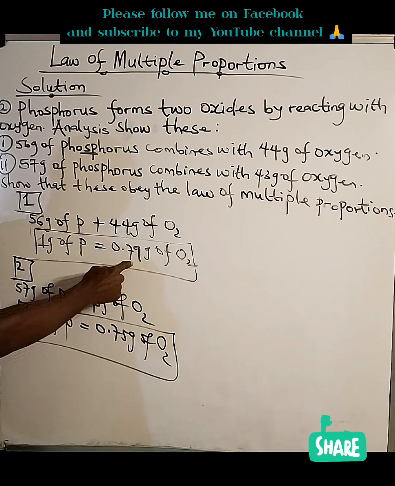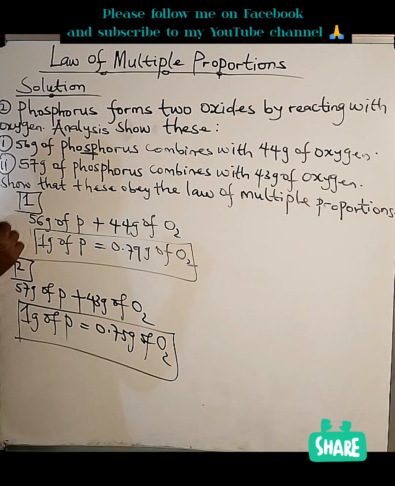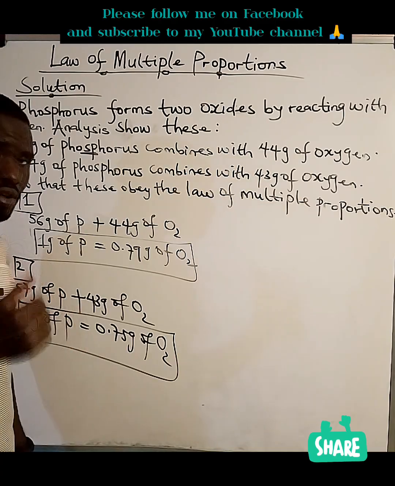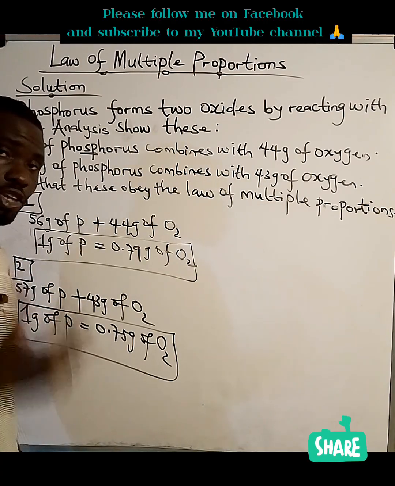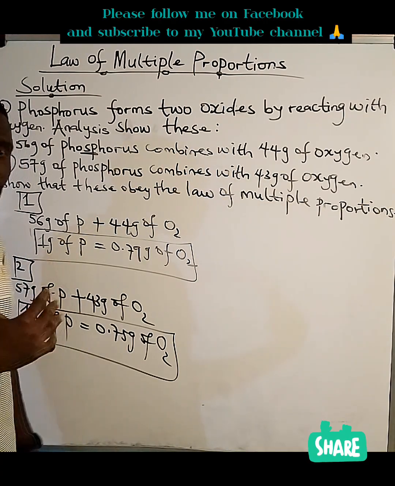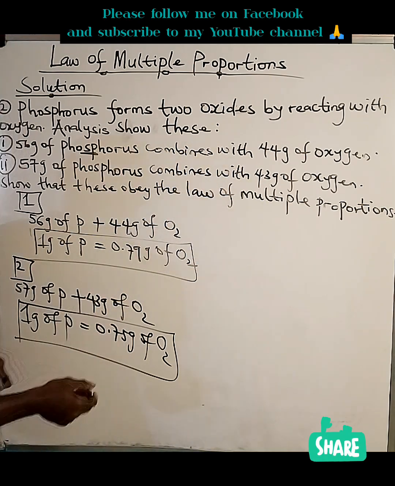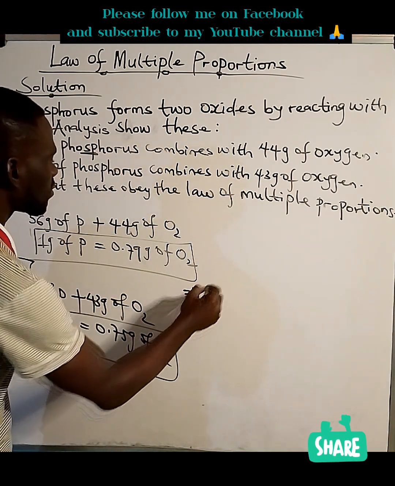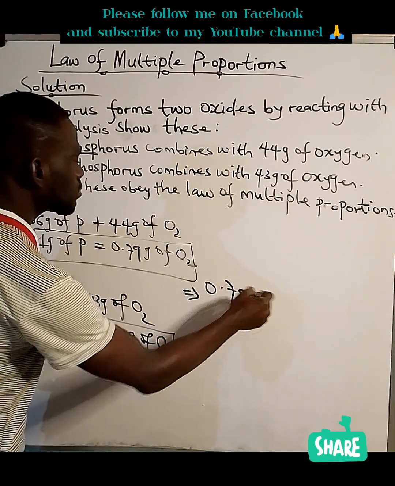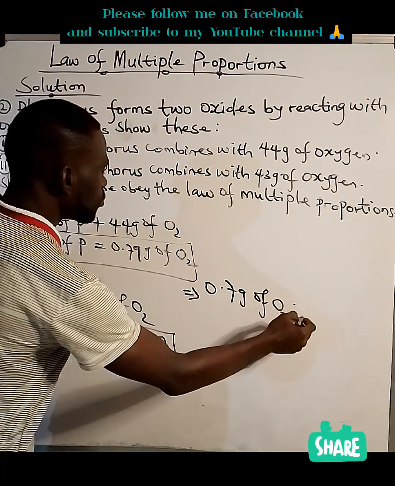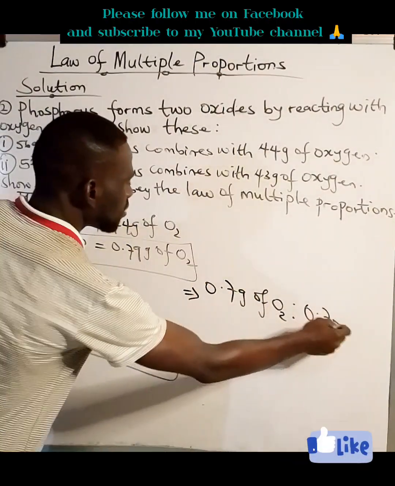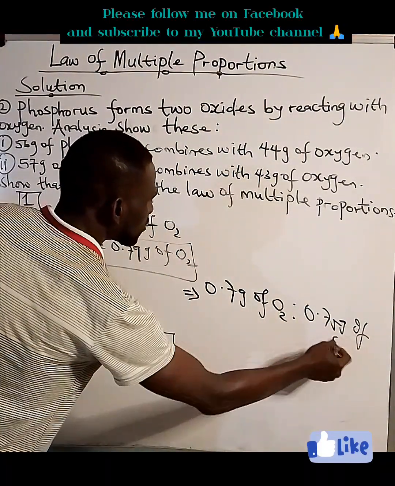So we're going to have a ratio of this to this. When we do that, if we get this ratio in a simple ratio format, after probably approximating, it means the law of multiple proportions is being obeyed. So let's get that done right away. 0.79 gram of oxygen to 0.75 gram of oxygen.